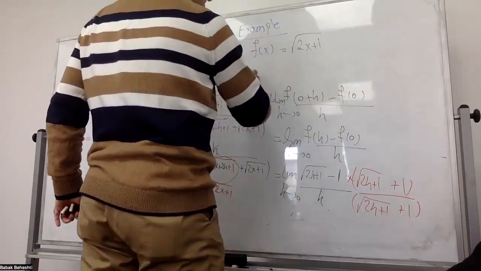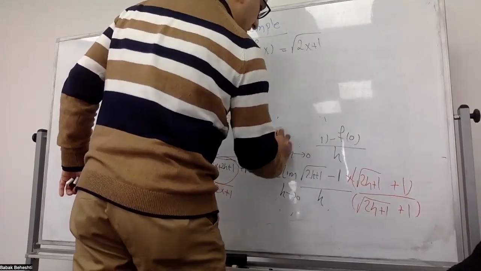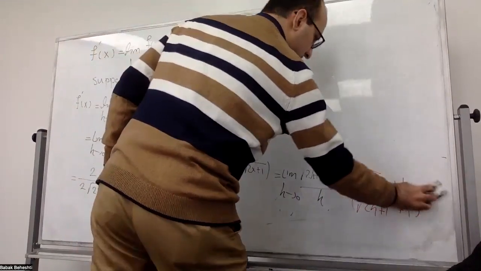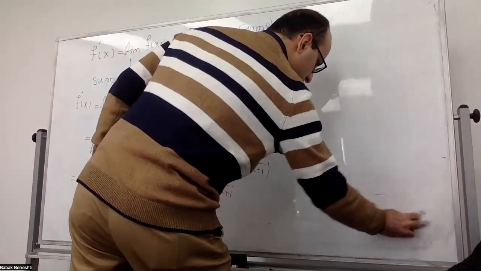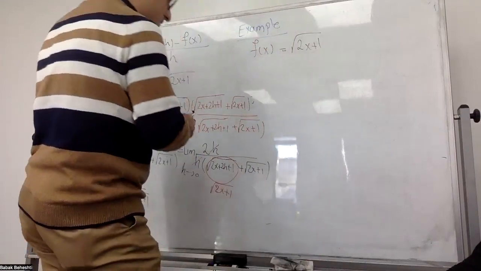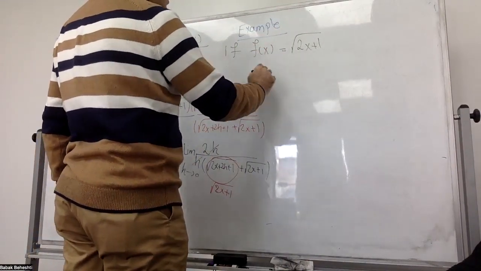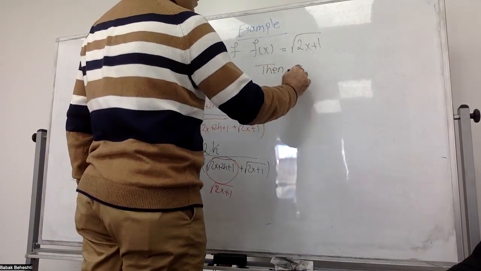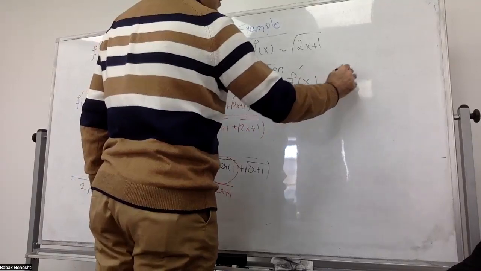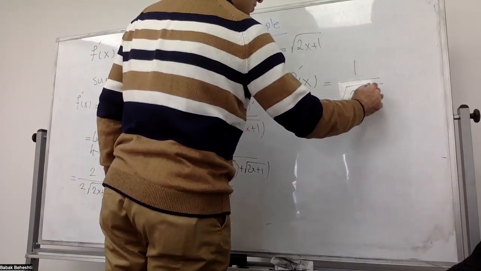Okay, so the conclusion is that if f of x is this guy, square root of 2x plus 1, then in general, f prime as a function is 1 over root 2x plus 1.